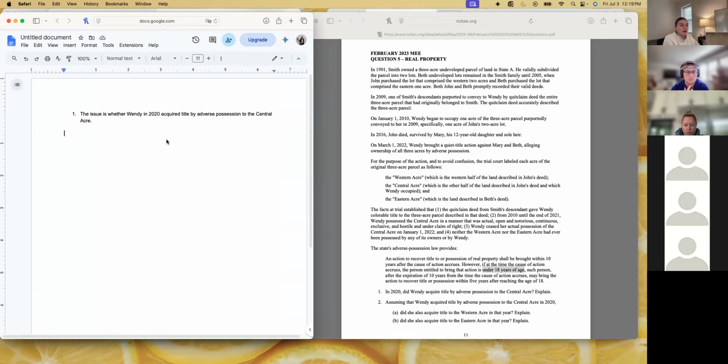So we will say, in order to acquire title by adverse possession, must possess the land in a manner that is one, actual and exclusive, two, continuous, three, open and notorious, four, hostile and under claim of right, and five, for the statutory period.